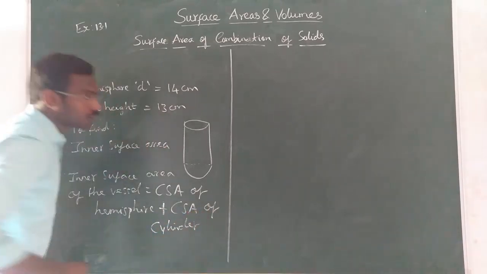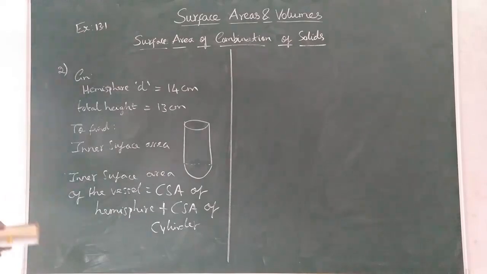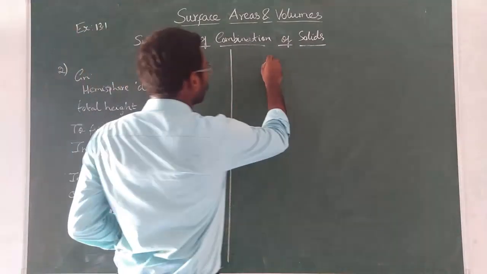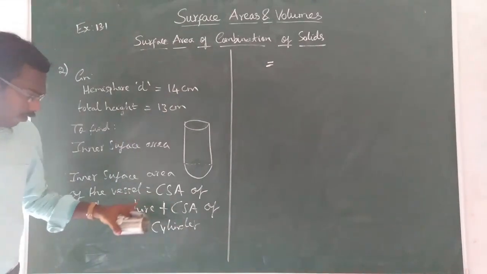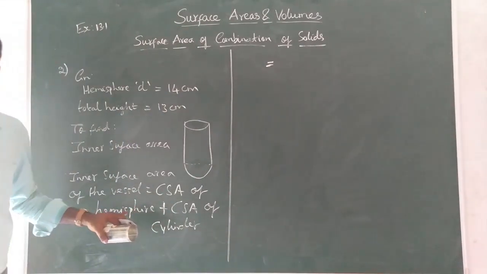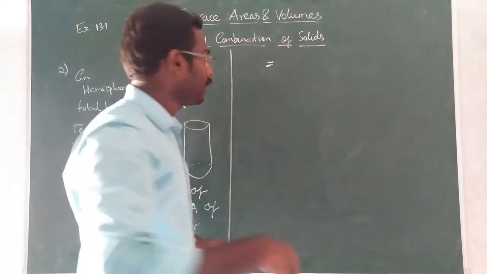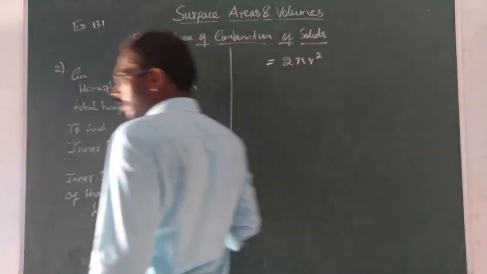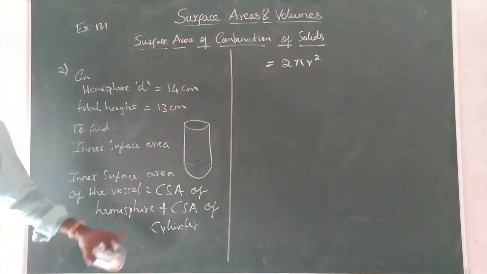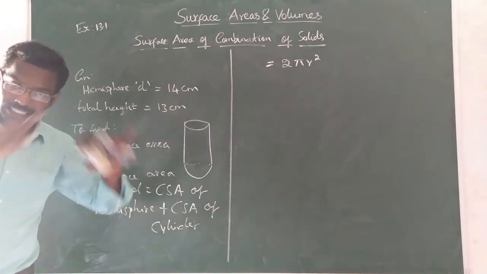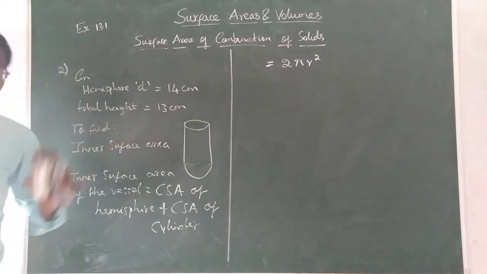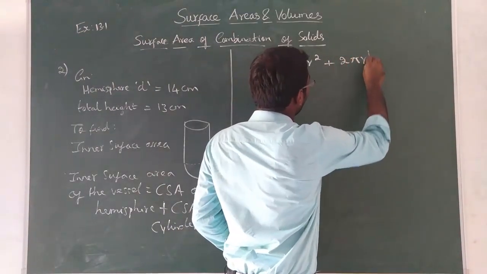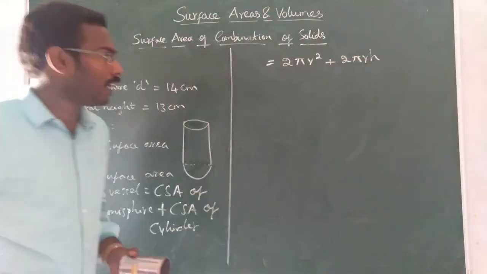Understood or not? What is the CSA of a hemisphere? Do you remember? Yes, CSA of hemisphere is 2 pi r square. Then plus the CSA of the cylinder. CSA of cylinder is equal to 2 pi r h. Understood or not? Okay.